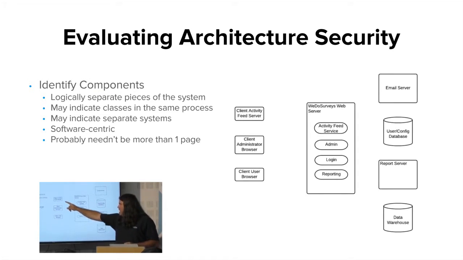I'm looking for active components that communicate with each other and need to, in some cases, authenticate to each other. They need to make sure that they're providing confidentiality so that I can't read information that's traversing the wire. I need to make sure that there's a control at one end that prevents, for example, denial of service by doing rate limiting, that sort of thing. So really these are logical abstractions that should represent software, maybe even functions within software.